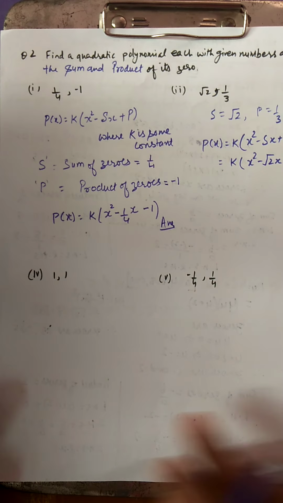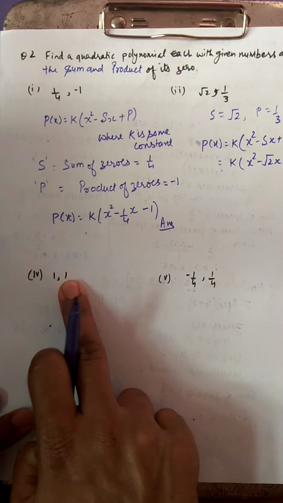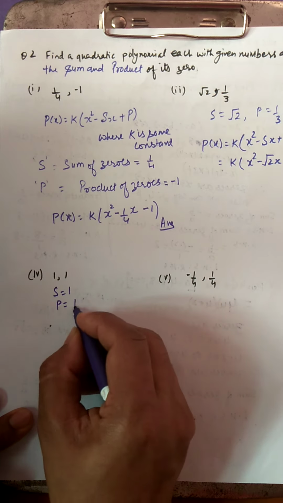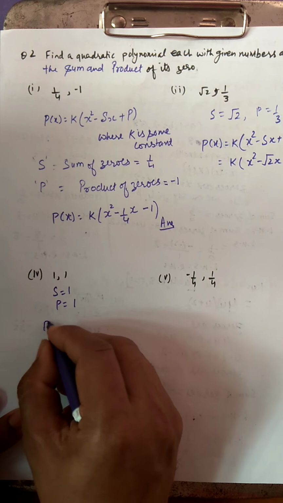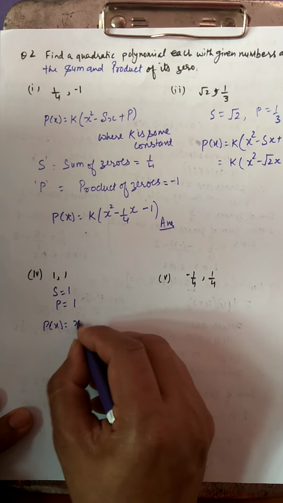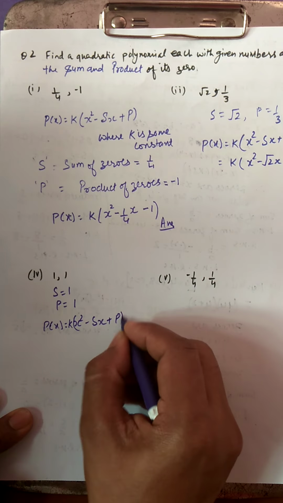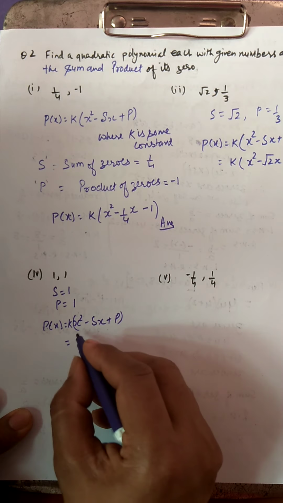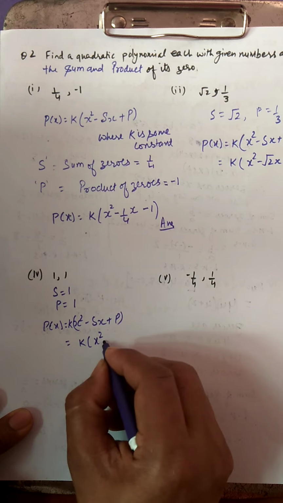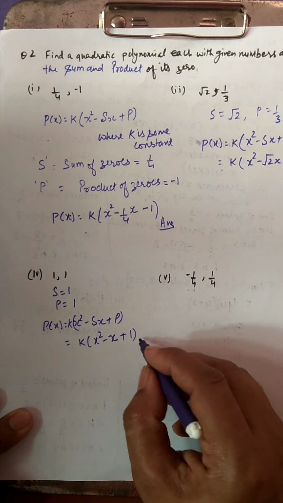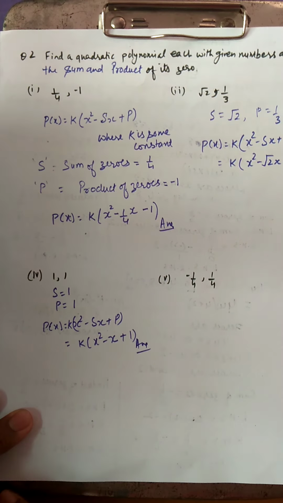Now this is your fourth part, that s is 1 and p is also 1. So apply the formula p(x) = k(x² − sx + p). So k(x² − x + 1). So this is your answer for part number 4.